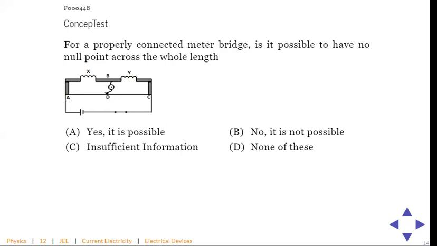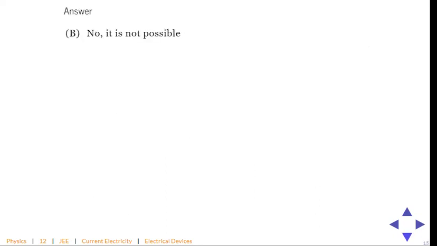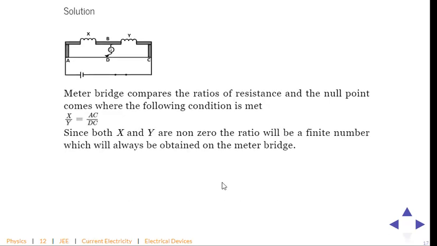Okay, so many people are saying not possible. Let us see. So the answer is no, it is not possible because it is always a ratio. And we know that doesn't matter whatever the value of x and y, it will have a finite ratio.